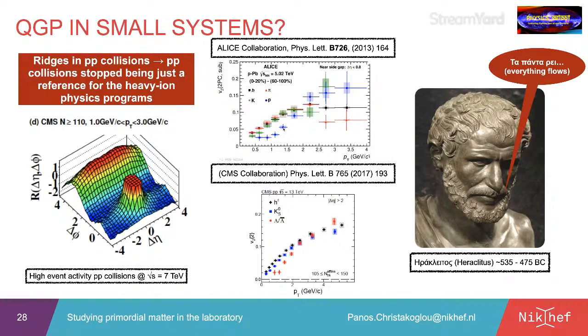So this is a characteristic feature of the formation of the QGP and its expansion. So we see similar features now not only in lead-lead collisions, in heavy ion collisions in general, but also in collisions between small systems, which probably justifies the expression that a compatriot of mine, Heraclitus, used to say back in ancient times, panta rhei, which means everything flows.